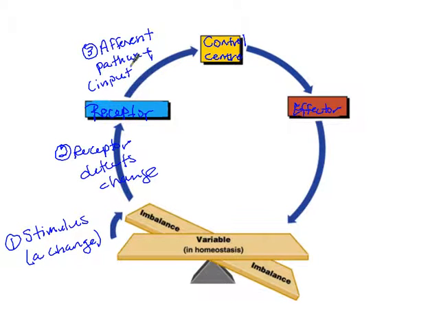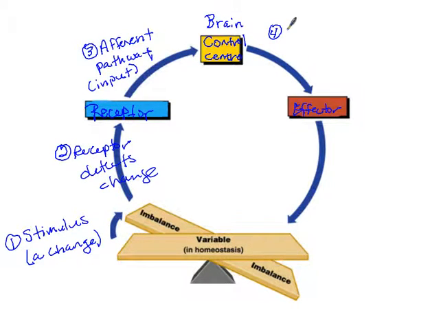All right, so the receptor is sending a signal to the control center, which is the brain. And then the brain is interpreting what our signal is and what needs to happen.